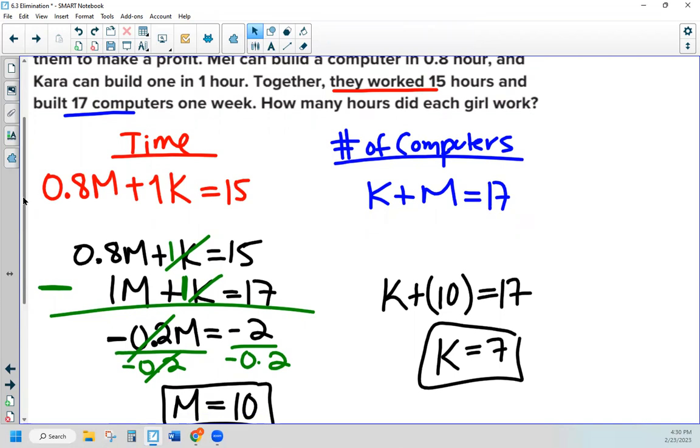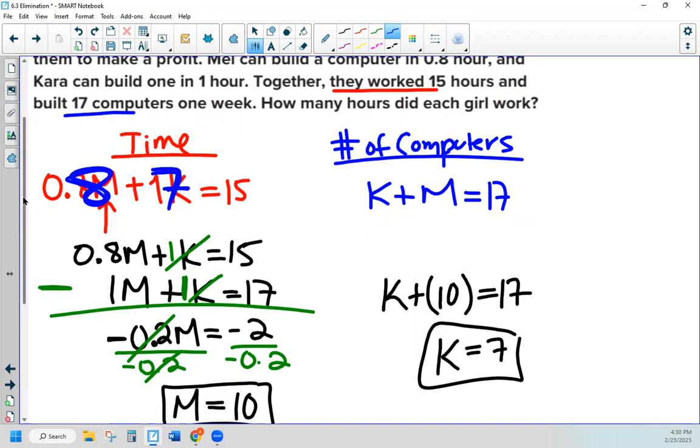But if you want to figure out the time, which is the actual question here, well, same idea. Plug in your values. For m, which is right here, we would plug in 10, and 0.8 times 10 is going to give us 8. 8 hours was worked by May, and then 7 times 1 is going to give us 7, which makes sense.